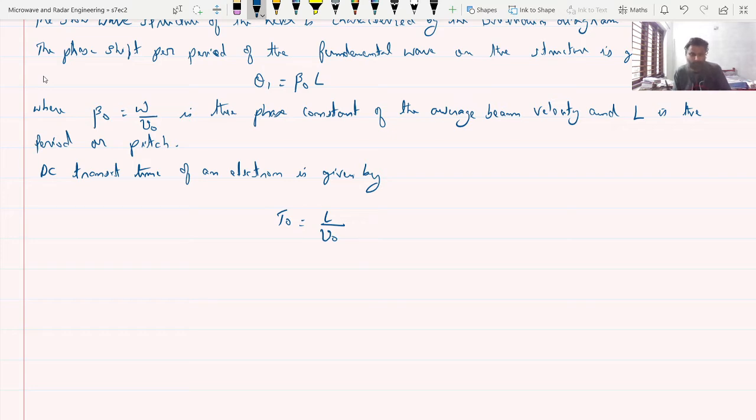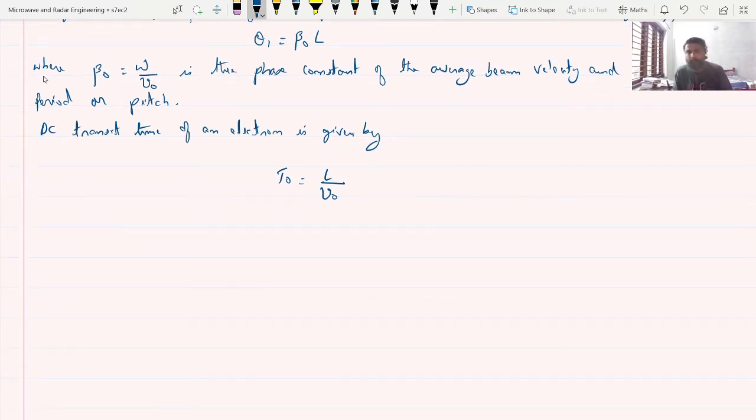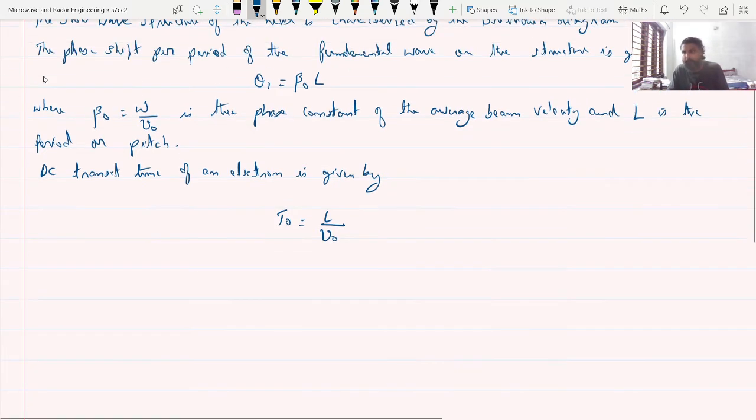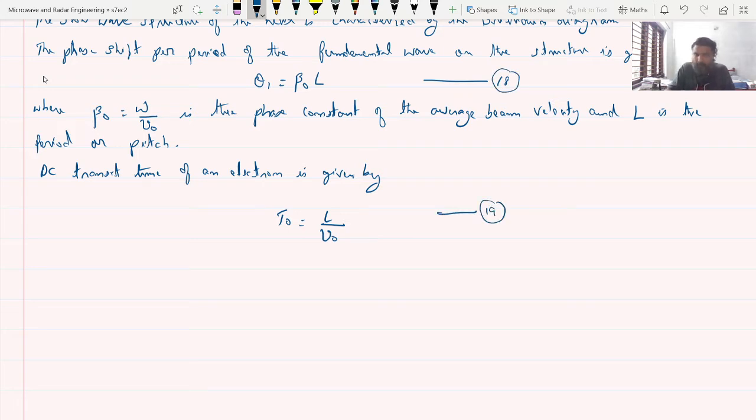I am continuing the same thing from the Brillouin diagram, the equation where we have stopped. I think we stopped at equation 17, so I will call these equation number 18 and equation number 19.